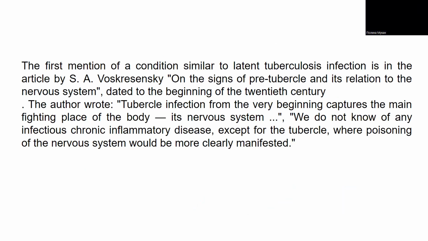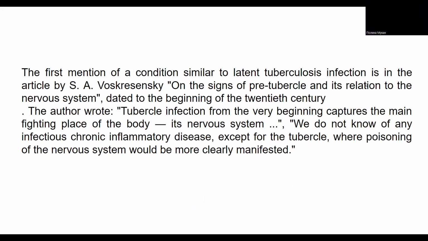The first mention of a condition similar to latent tuberculosis infection is in the article by Voskresensky on the sign of pre-tuberculosis and its relation to the nervous system, dating to the beginning of the 20th century.